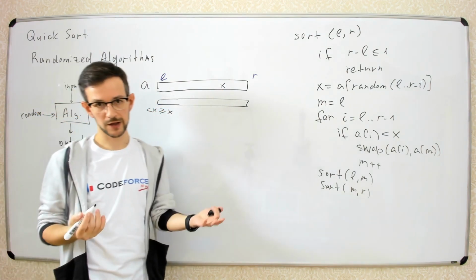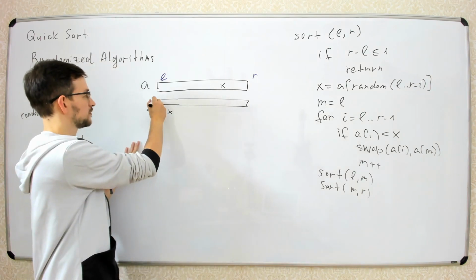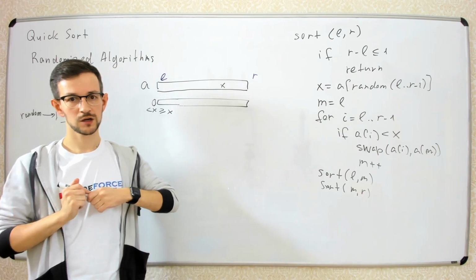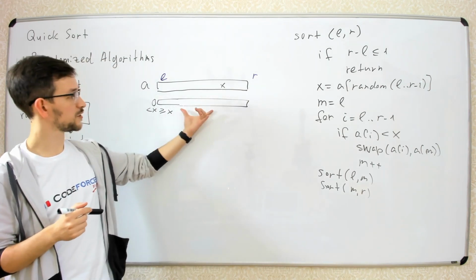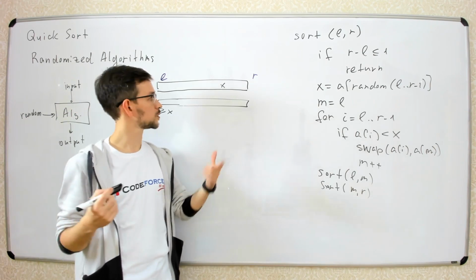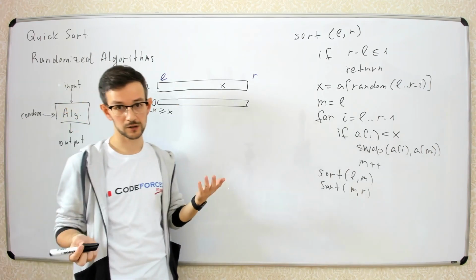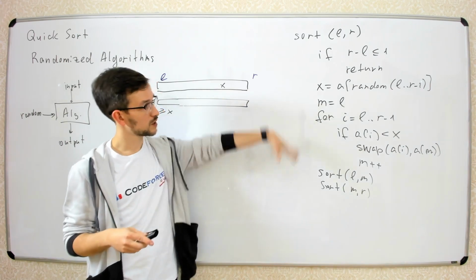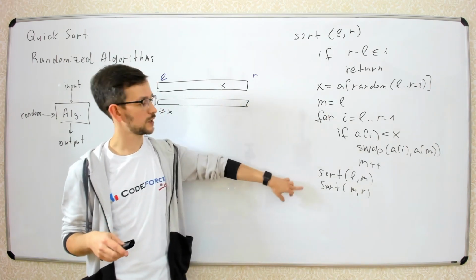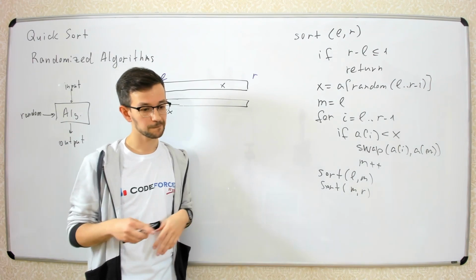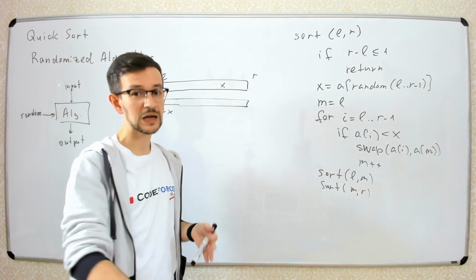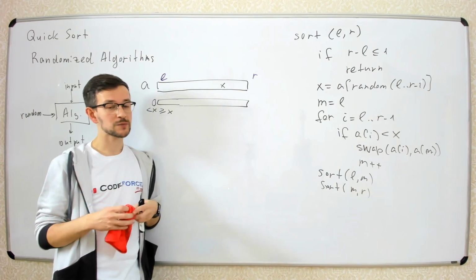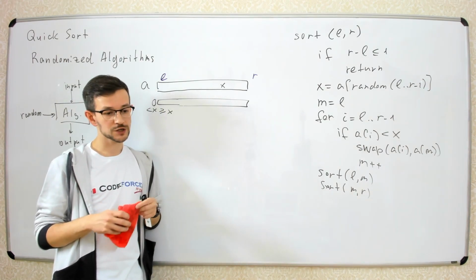But x is the minimal element, so we have an empty array here and all elements in the right part. So each time the size of the array is not decreasing. Each time you have an array of size n. So the total number of operations will be infinite. This procedure will infinitely call itself recursively. So the worst possible case may be infinite. Sometimes this algorithm just doesn't finish.